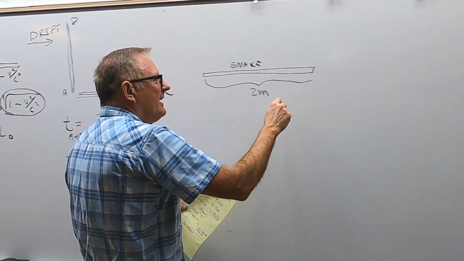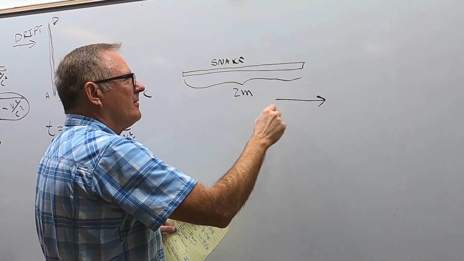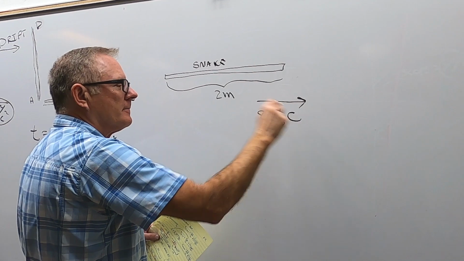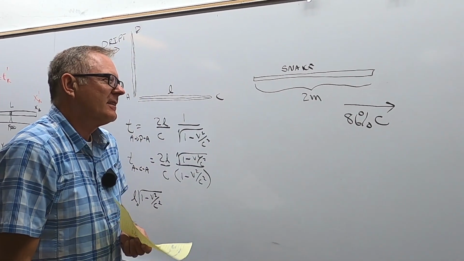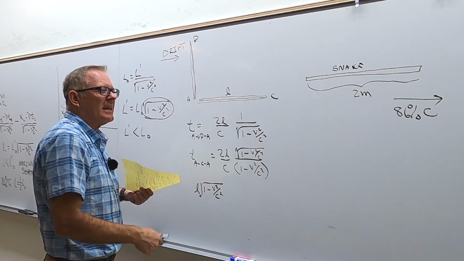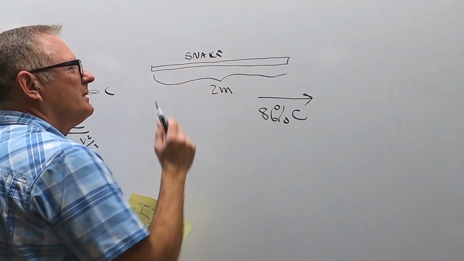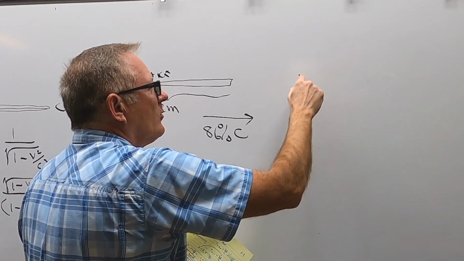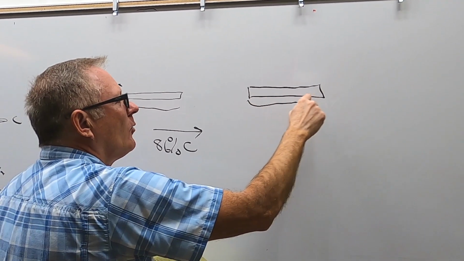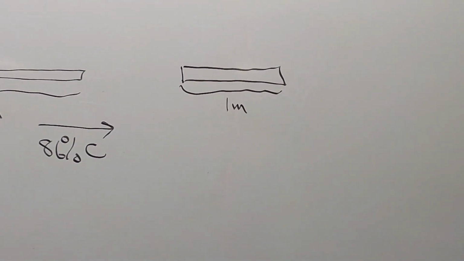And let's say he moves this way. He's a fast snake. He can slither along at 86% the speed of light. Well, if he can slither along at that speed, we know that this gamma factor is a half, or this 1 over gamma is a half. So for us looking at it, we would see you're only 1 meter long. We would see you shrunk down to 1 meter.